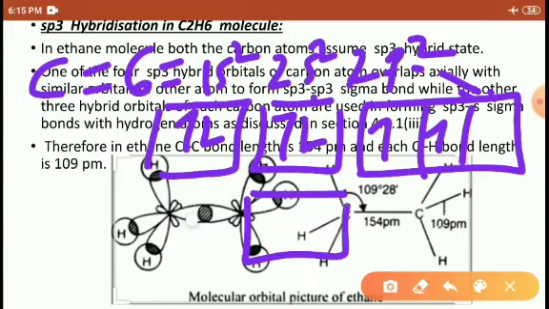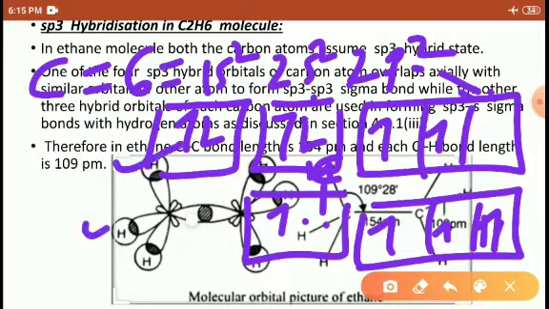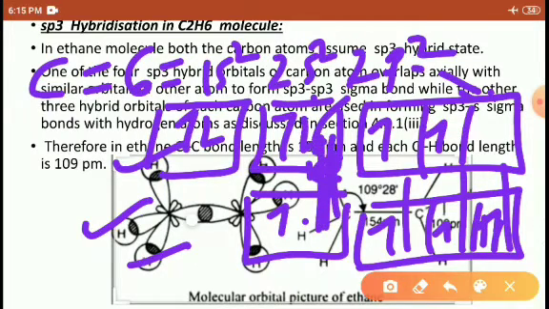Now it becomes unpaired. The empty orbital becomes filled here, right? So this carbon bonds with the next carbon atom, right? And this carbon bonds with how many hydrogens? 1, 2, 3 hydrogens. So one hydrogen here, second hydrogen here, third hydrogen is at S, in which the carbon is bonded.